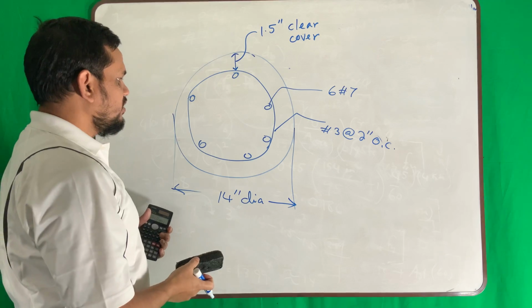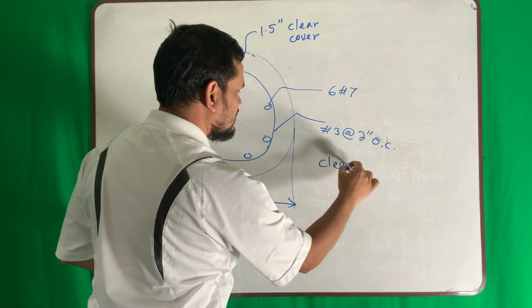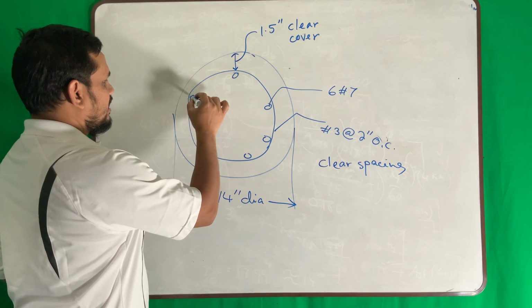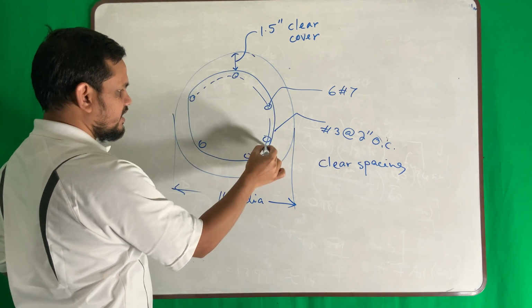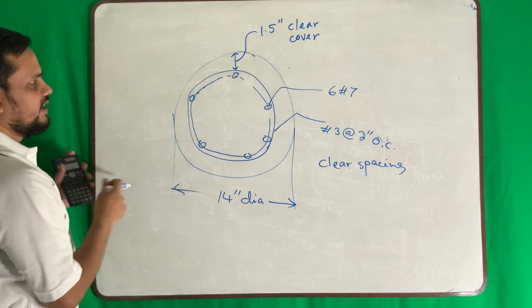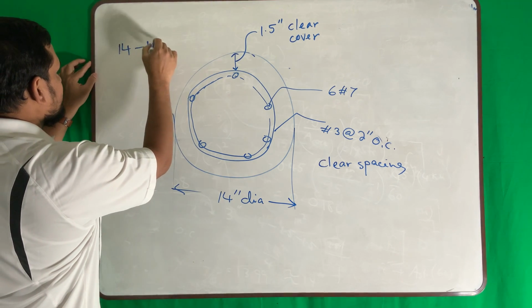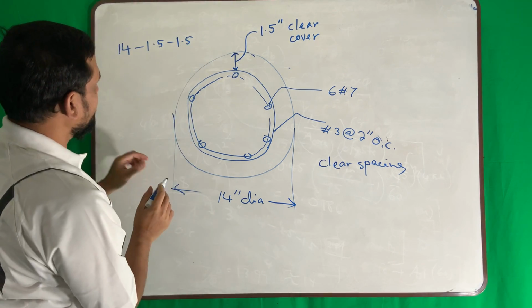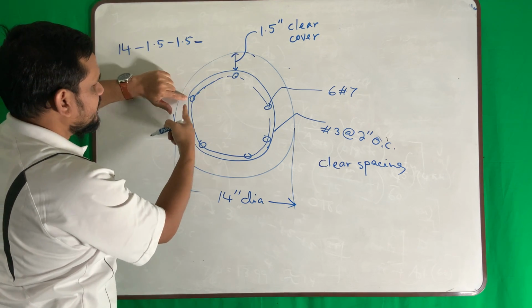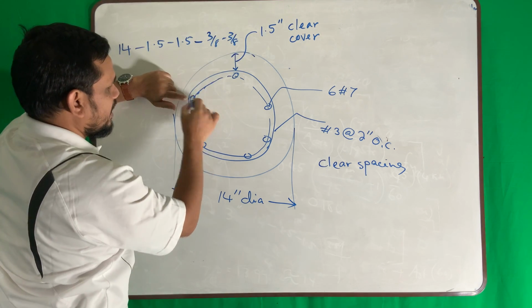Okay, let us check very quickly. What is the clear spacing? How to find it? We need this center-to-center distance. That will be 14 inch minus 1.5 minus 1.5, deducting the clear cover only. Then we will minus the spiral, 3/8 here and 3/8 there.